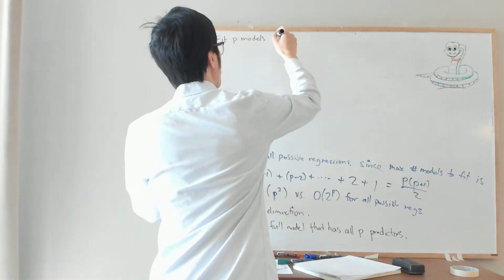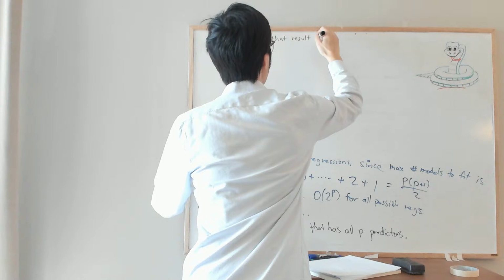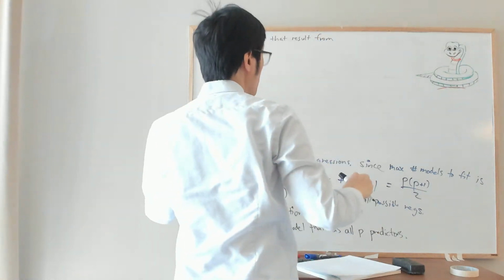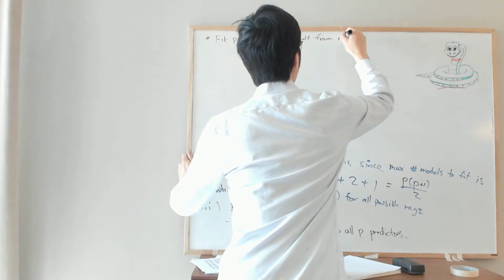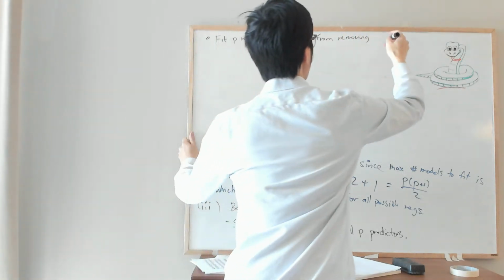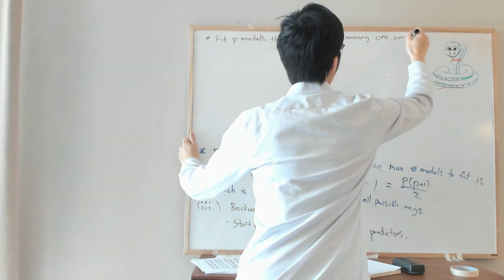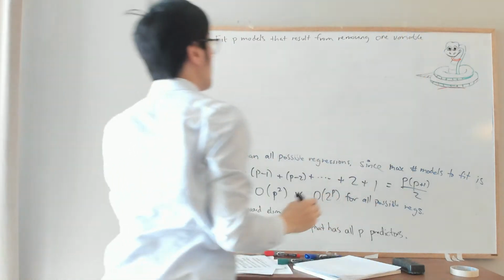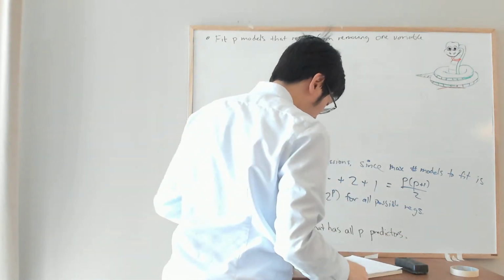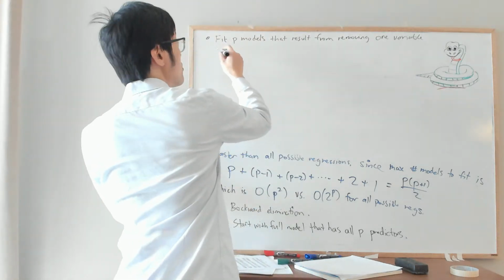These are the models that result from removing one variable from the regression.